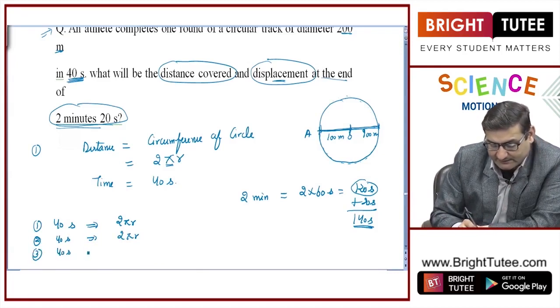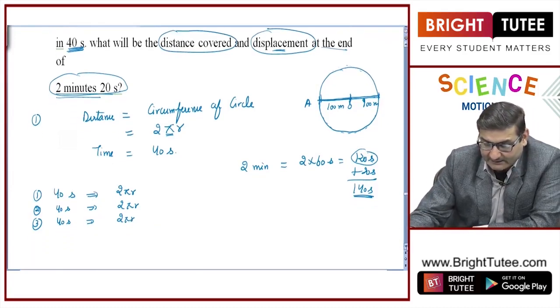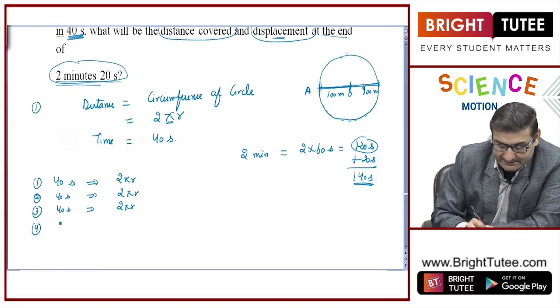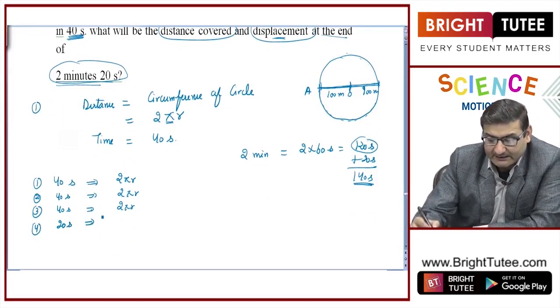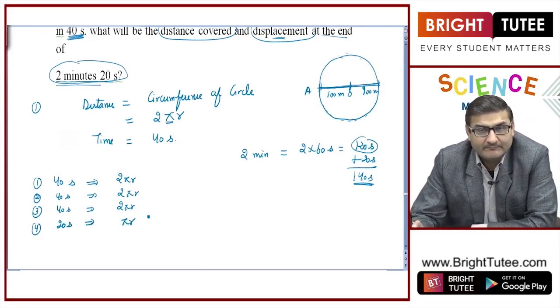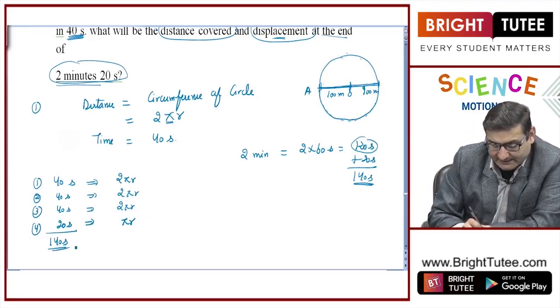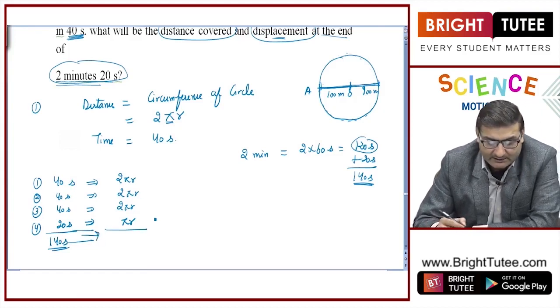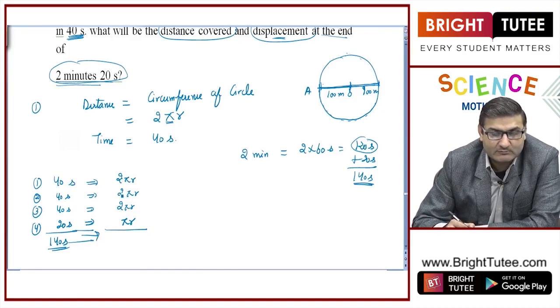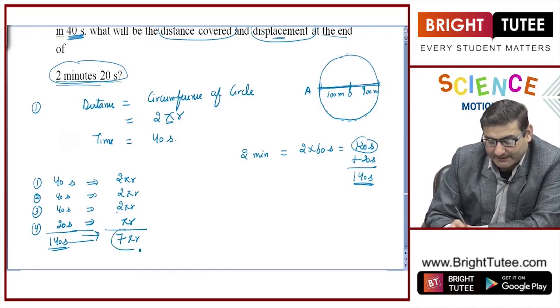In another 40 seconds, he will cover 2 pi r, and in another 20 seconds, he will cover half of the track. Half of the circumference, I will take it to be pi r. So, at the end of 140 seconds, this athlete has travelled a distance of 2 pi r plus 2 pi r plus 2 pi r plus pi r, which comes out to be 7 pi r.